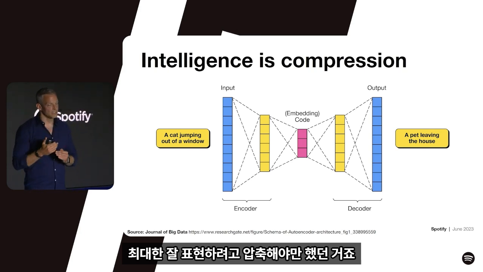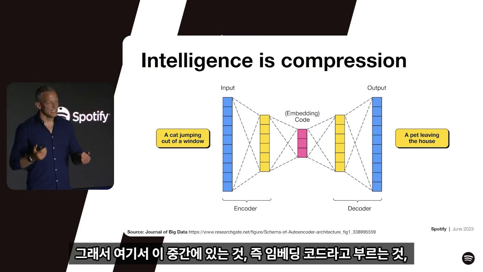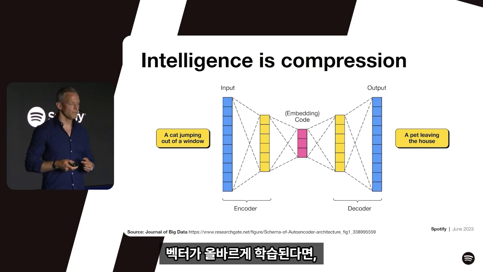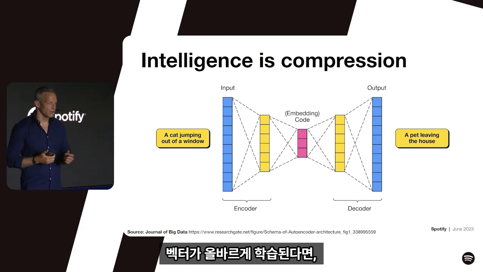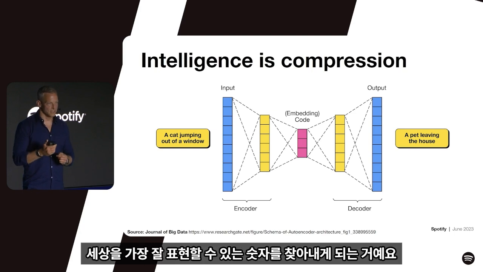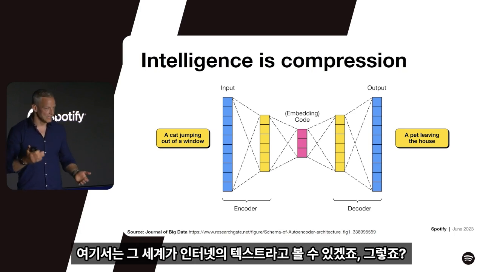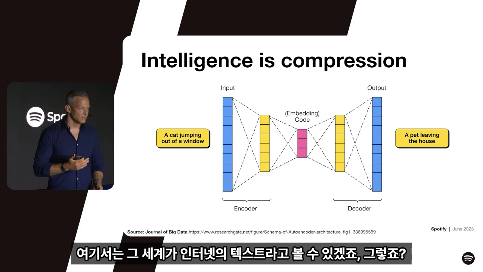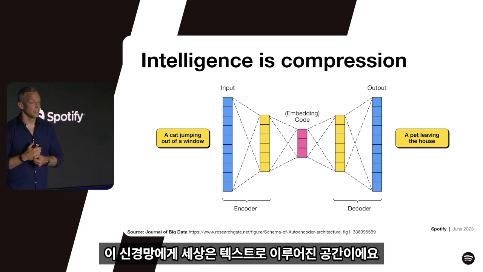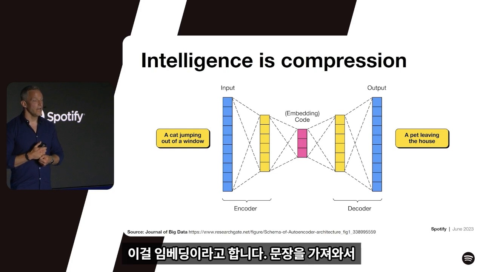It had to compress. So what this means is that this thing in the middle, the embedding code, the vector, hopefully, if you do this right over a lot of sentences, is going to find the numbers that are the best representation of the world that is being trained on, which in this case would be the text of the internet. It's a textual world for this network. This is called embedding.